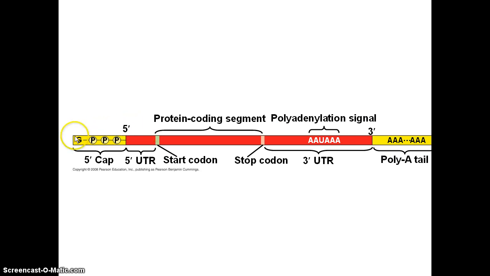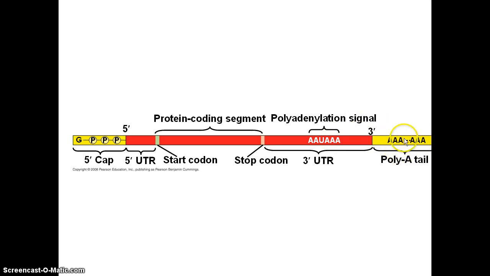Now, these particular additions have an important role because the 5' end helps the messenger RNA attach to the ribosome to begin translation, and the poly A tail helps prevent degradation or cutting up the RNA by enzymes.